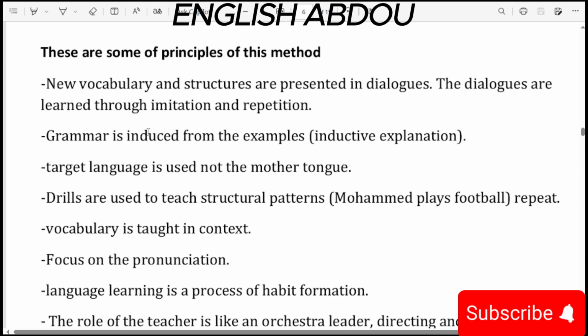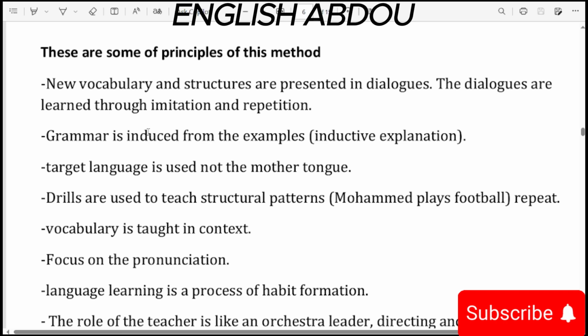After that, he will ask students to repeat with him. After that, he puts them in pairs to repeat the dialogues between each other, and so on and so forth, because of the repetition and imitation of their teacher until they memorize the sentences.